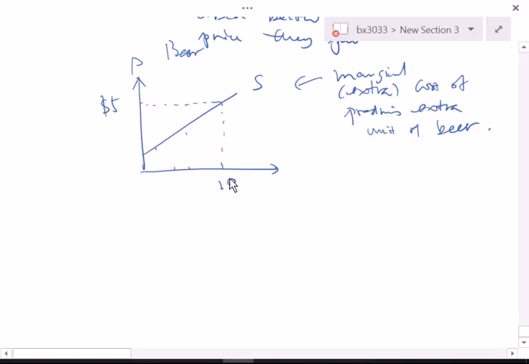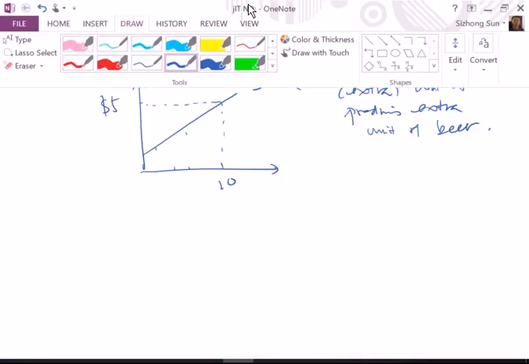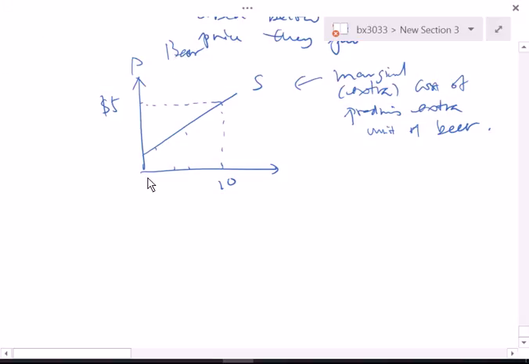For the first beer, the extra cost is this many. However, I'm selling this beer in the market at this many. So there's a surplus from selling the first beer.